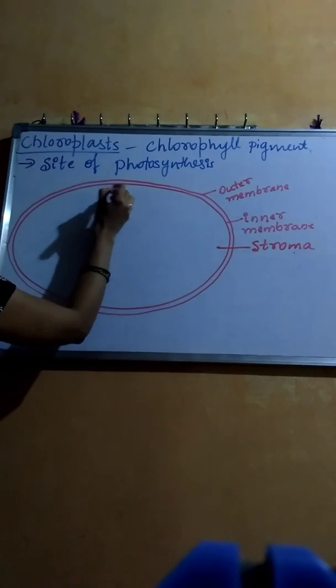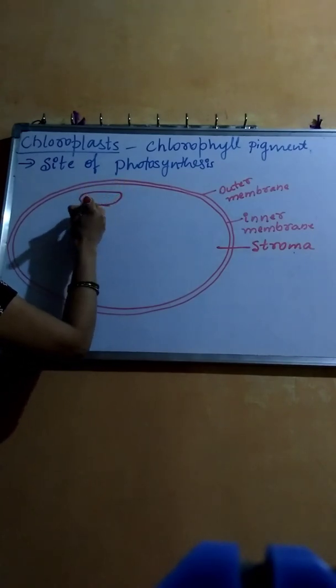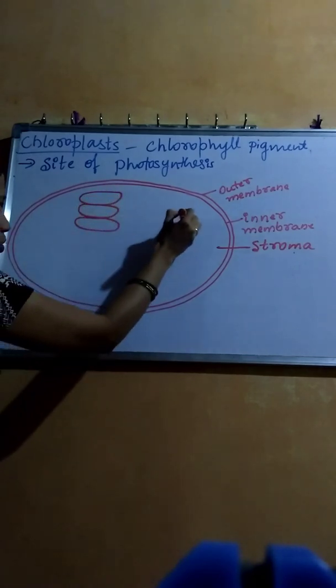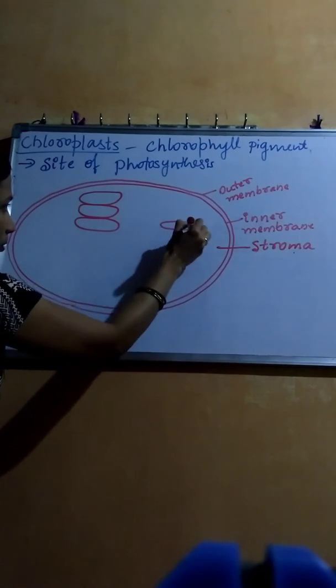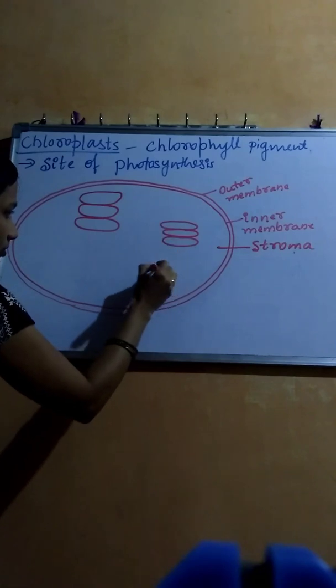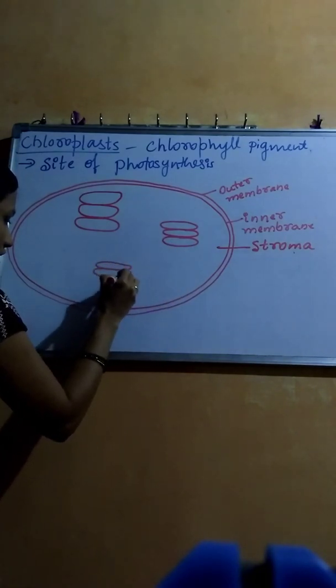This stroma contains membrane bound flattened sacs. See, these are the membrane bound flattened sacs.